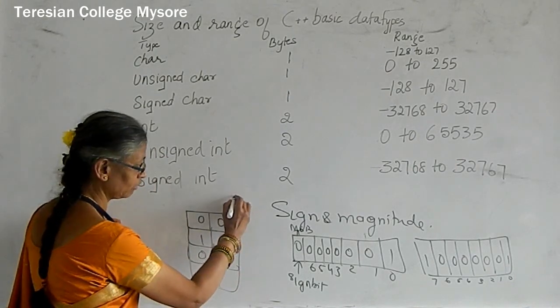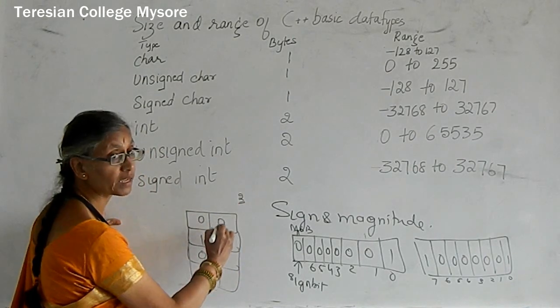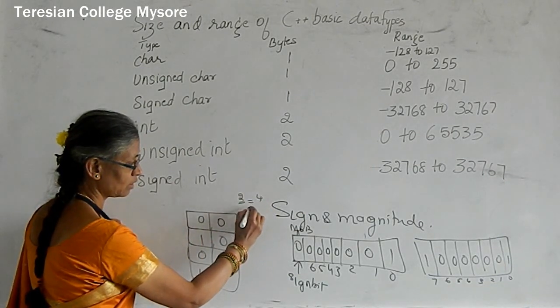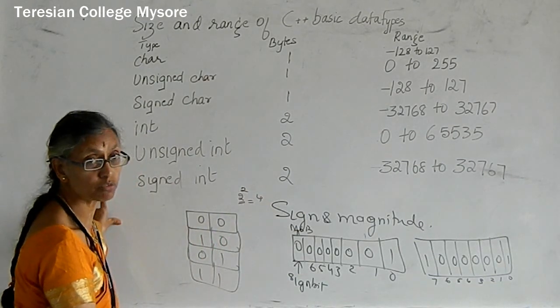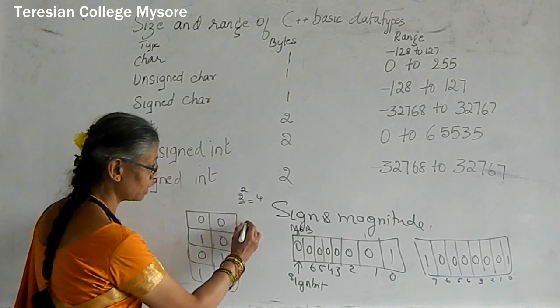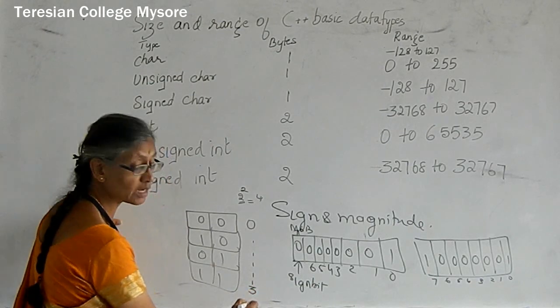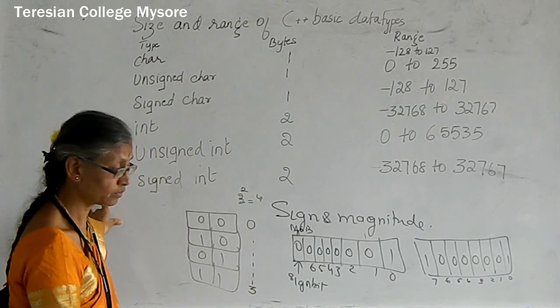So you can see that when I have 2-bit space, I can store 4 numbers, that means 2 to the power of 2, 4 numbers. The lowest number is 0 and the highest number is 3 in the binary form.